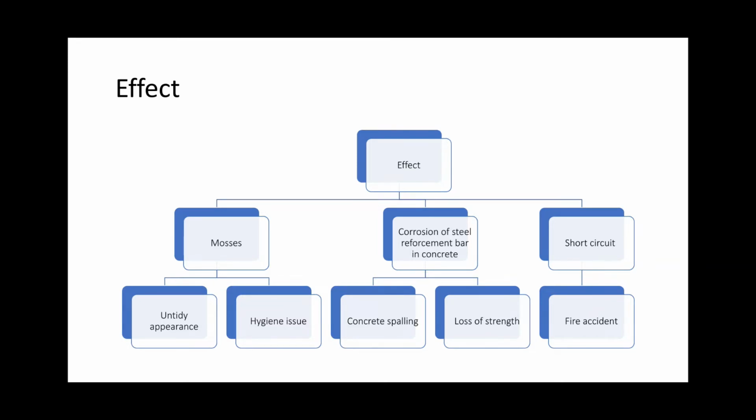It increases the volume of the steel bar and bursts the concrete. Therefore, the concrete will spall. As a result, the building structure will lose its strength to support. Besides, water seepage will also cause short circuits, leading to fire accidents.